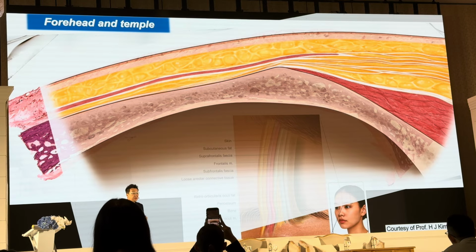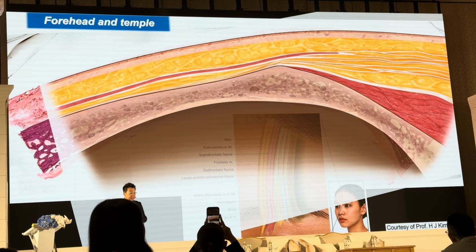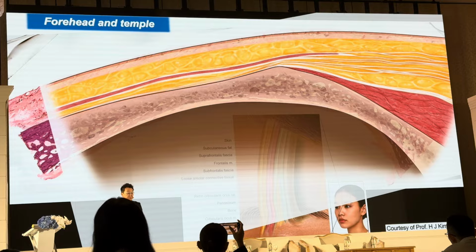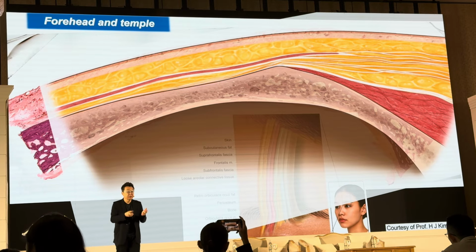Deep temporal fascia continues from the periosteum of the frontal areas. So countless fascia structures occupy the temporal areas. This is the real anatomy, so we should clarify these anatomical features.